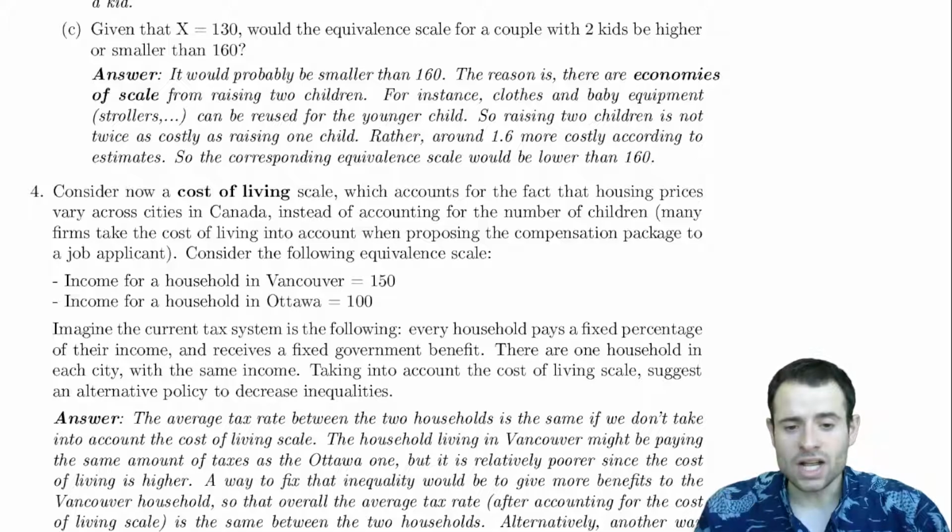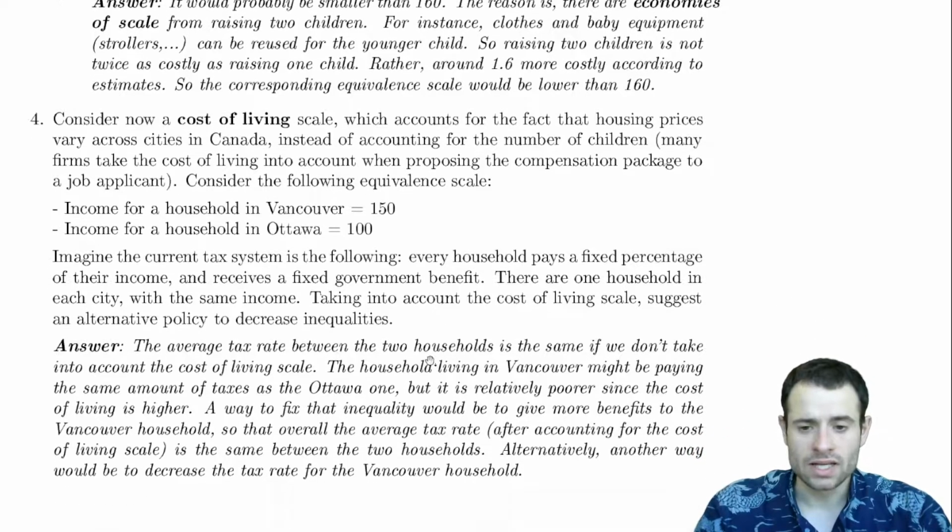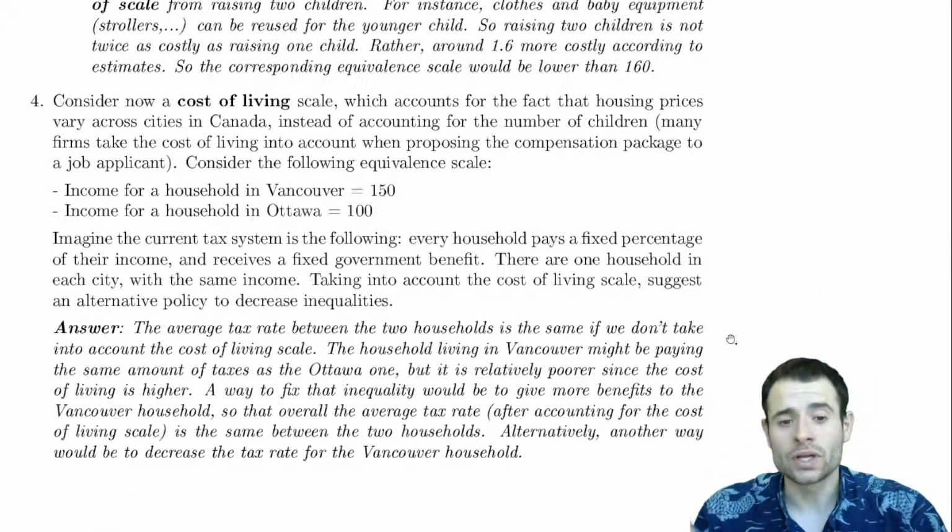So, the average tax rate between the two households is the same if we don't take into account the cost of living. The household living in Vancouver might be paying the same amount of taxes as the Ottawa one, but it is relatively poorer because of the cost of living.